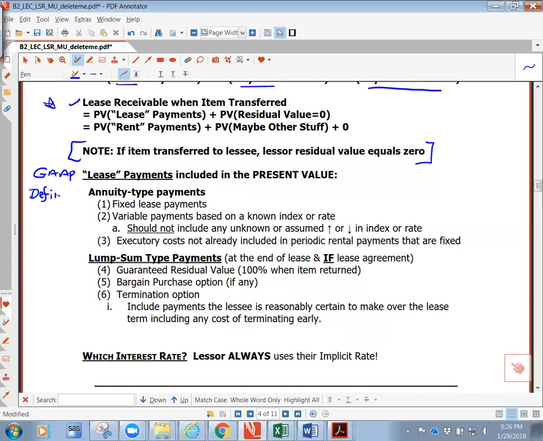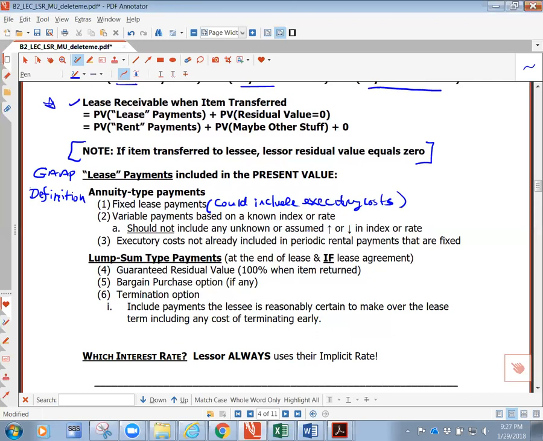There are annuity type payments, which are the fixed lease payment, which could include executory costs. Then variable payments based on a known index or rate.